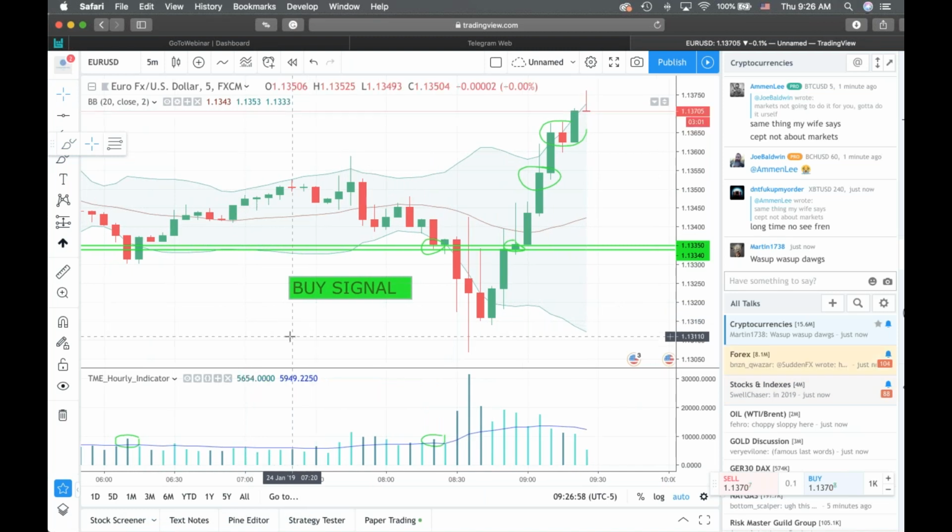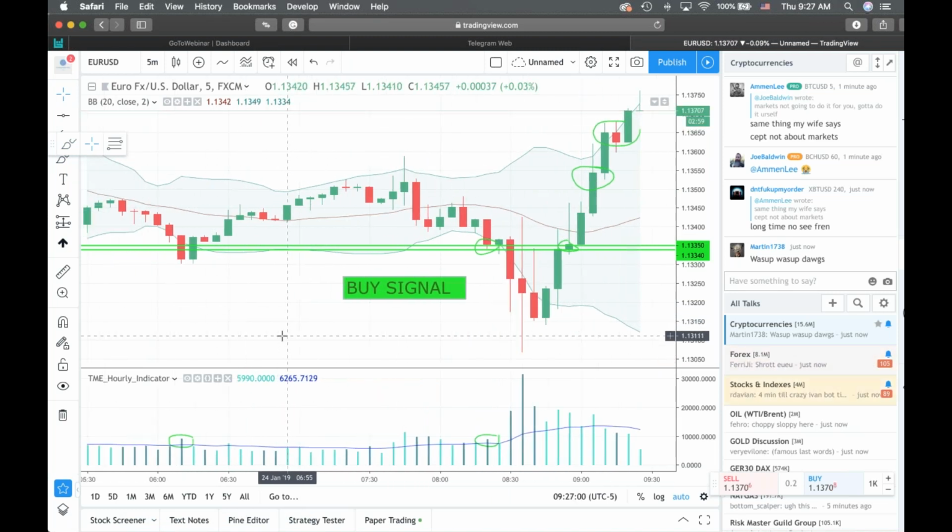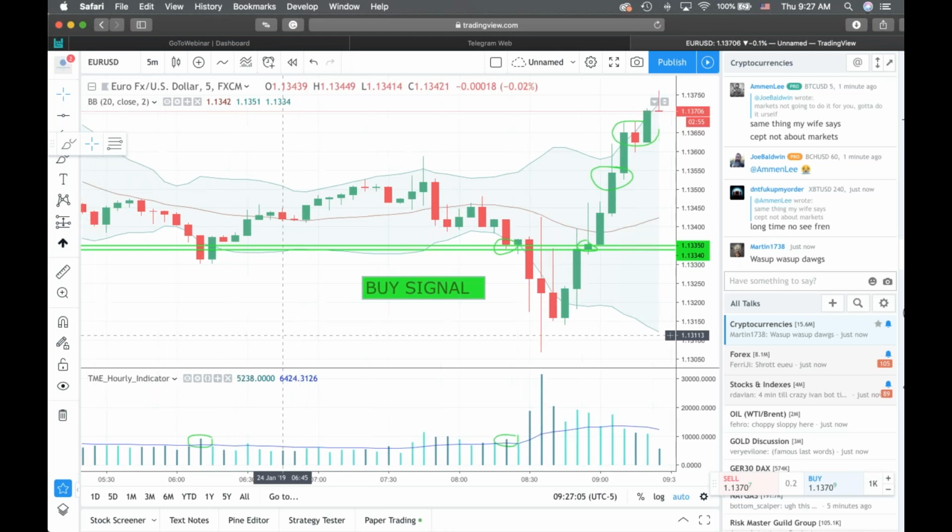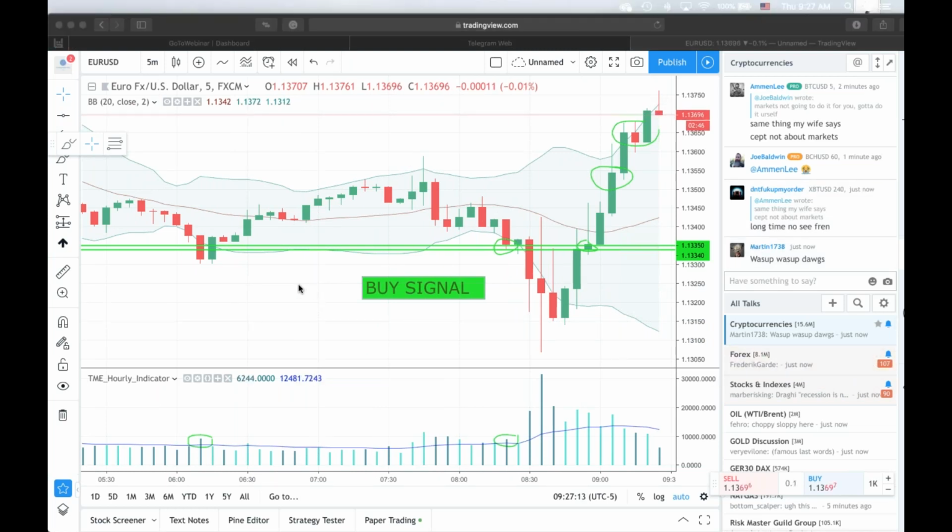Very simple, very straightforward. Not many complicated scripts or data in it. And this is just some examples of buy signals. I want to try and find examples for sell signals before we move on to the 5 minute, which has slightly more data in it and requires a little bit more attention to follow.